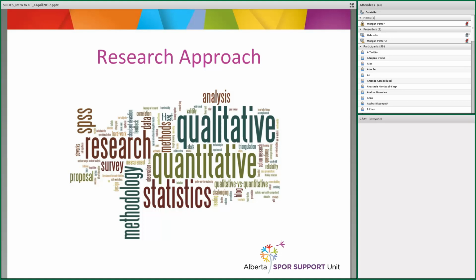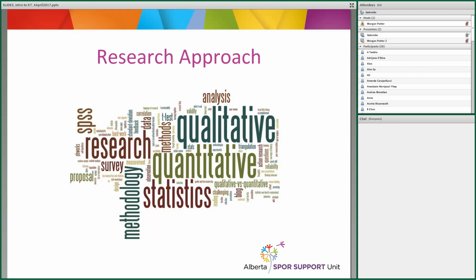Therefore, it's important to engage your knowledge users throughout the research process. For instance, you may have started out just with some quantitative measures, but as you've been working through and collecting some data, you may have identified that it would be helpful to have some qualitative data to address some values and preferences that weren't initially identified by your knowledge users.